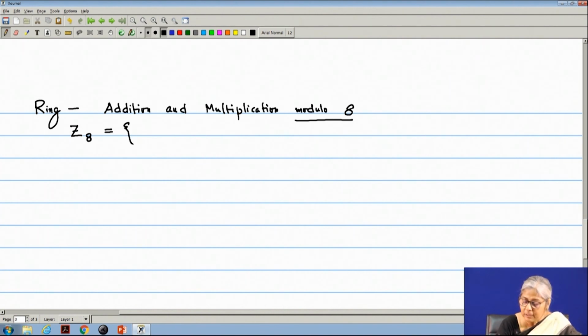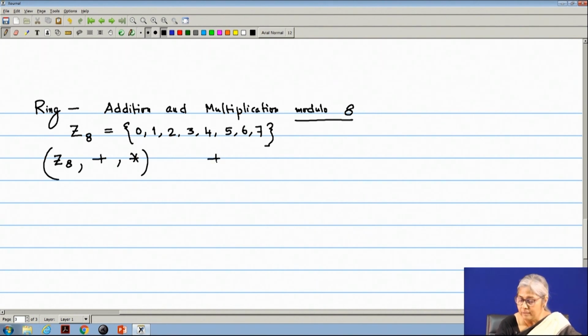So the remainder can be 0 to 7: 0, 1, 2, 3, 4, 5, 6, 7. So this is the set Z8, and then the addition modulo 8 and the multiplication modulo 8, where plus and star are the addition and multiplication modulo 8.